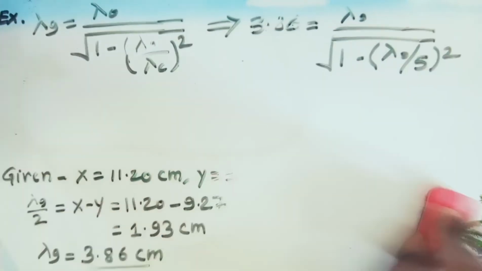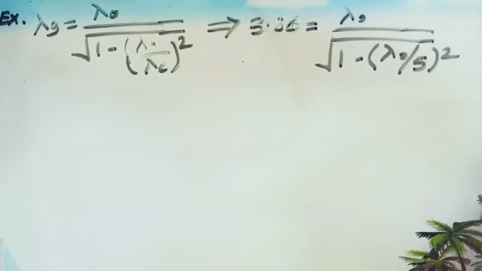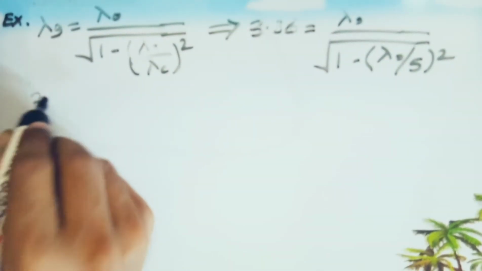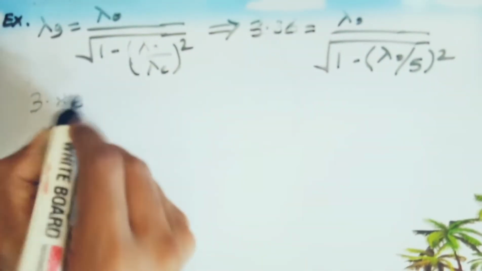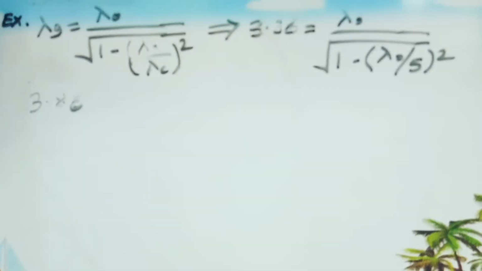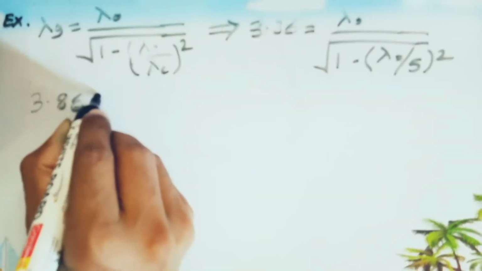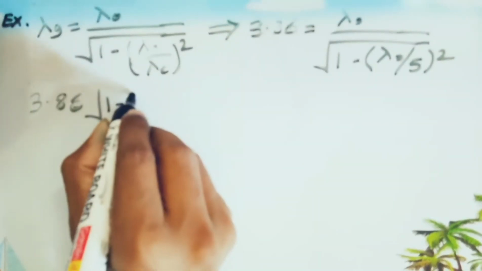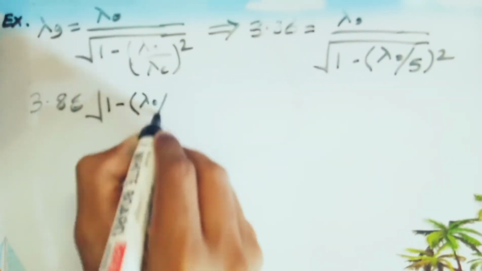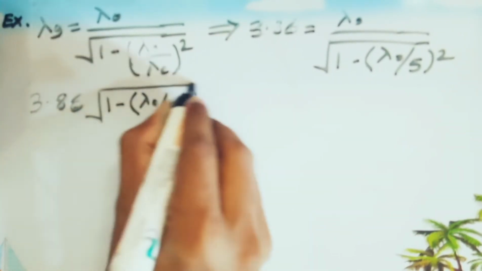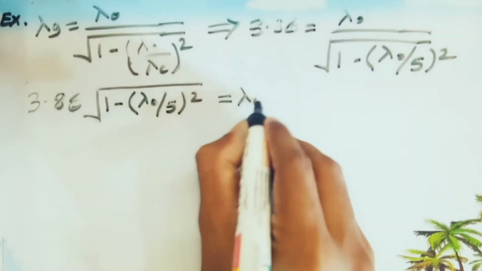Okay, now take this particular term to this particular side, so that is 3.86 into under root of 1 minus (lambda 0 divided by 5) whole square becomes equal to lambda 0.